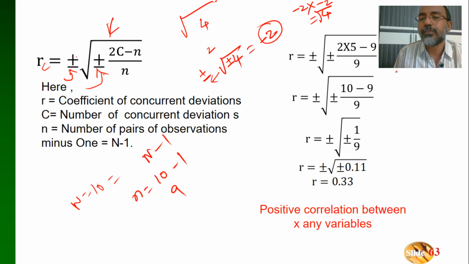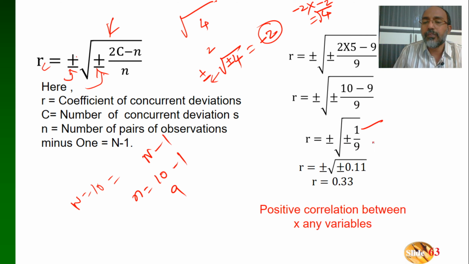So 2 into 5 is 10, and 10 minus 9 is equal to 1. 1 is the answer, and the 9 already exists.